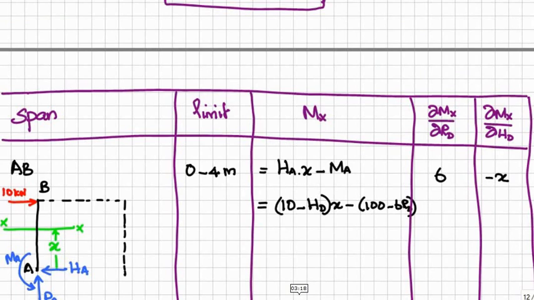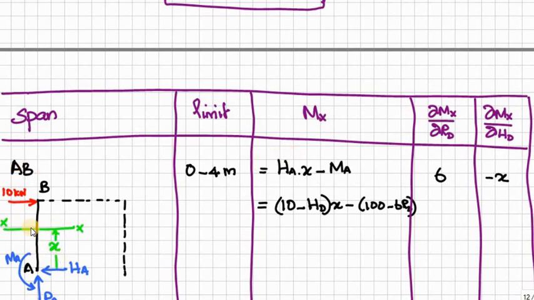So considering span AB, here we have RA, HA, MA, and taking a section XX at a distance X from A. Therefore, the limit of this span is 0 to 4 meter. That means X can take a value of 0 and a value of 4 meter from A to B. A is at 0 meter, B is at 4 meter.